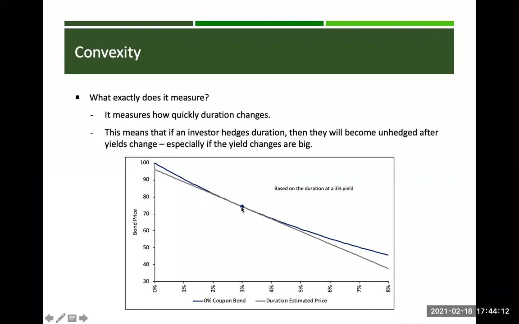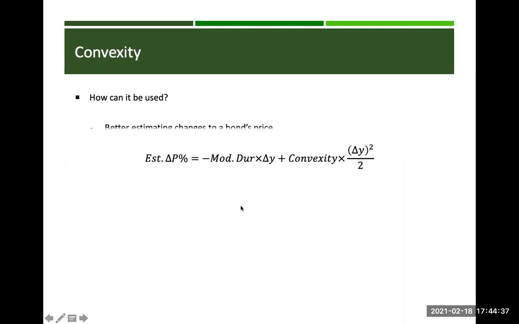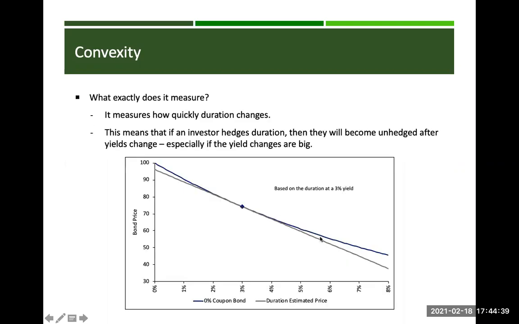So if we're looking at the 3% yield on this bond, specifically modified duration is the slope of the tangent line at this price point where the yield is 3%. What's the slope of this curve, the blue curve, at that one point? Oh, sorry, and that's the slope of the gray line.